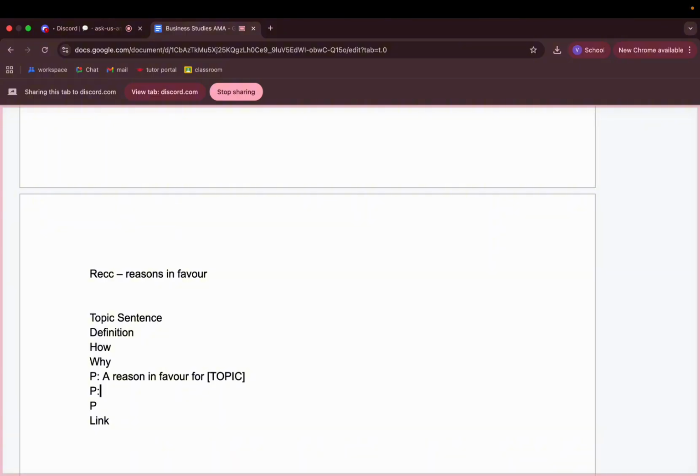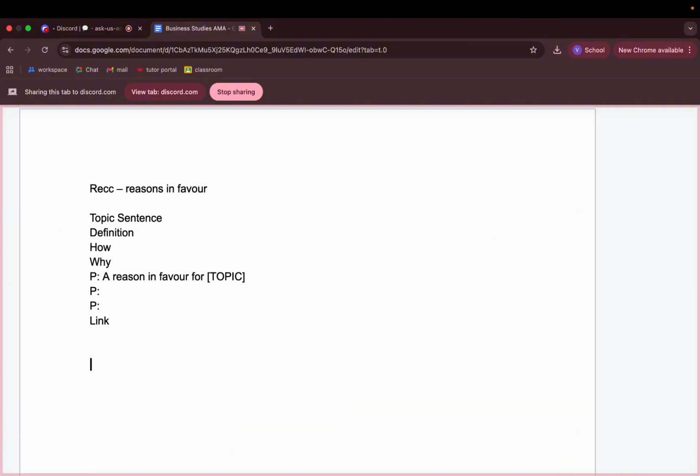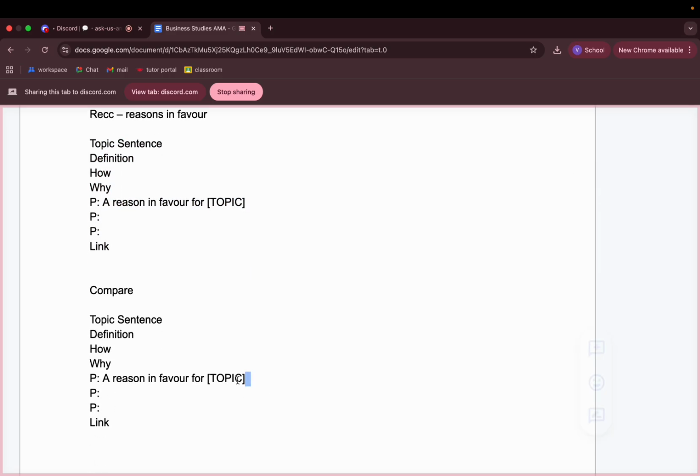Similarly, if we have a compare, this one's a little bit trickier. There's so many different ways we can do it. I would do positive. So let's say positive for topic 1, similar positive for topic 2.